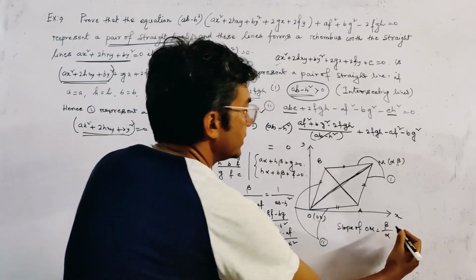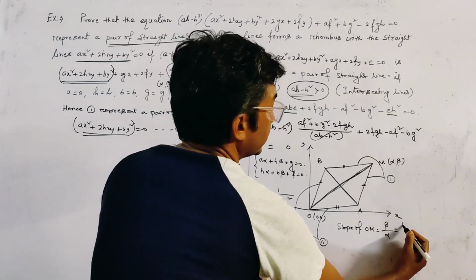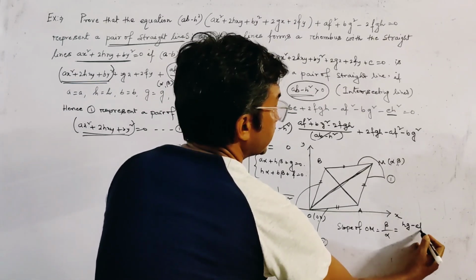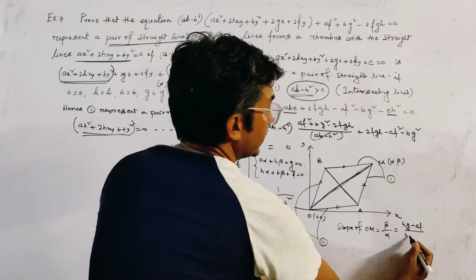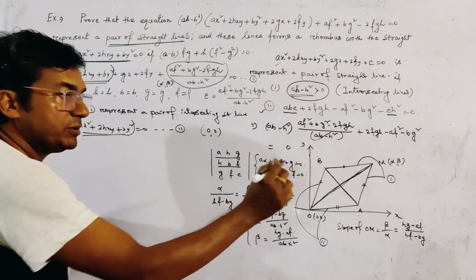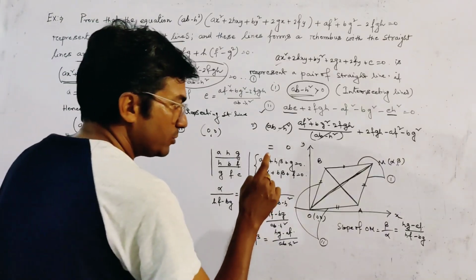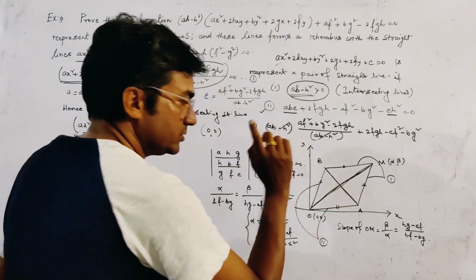Putting the values of beta and alpha, we get hg minus af by hf minus bg. We directly cancel out ab minus h square from both terms. Now we have to find the slope of AB.